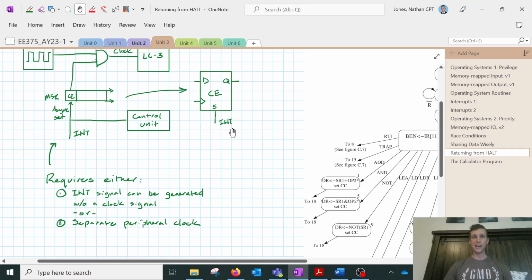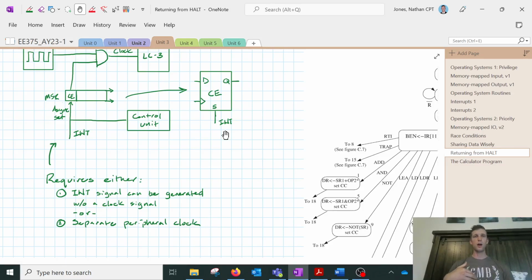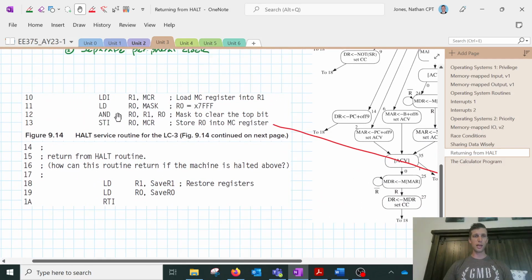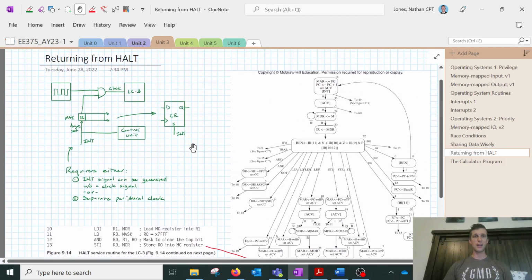And if we tie that signal to our interrupts, now we have a perfect avenue for turning this clock back on after we've turned it off, which would happen if there were some hardware device that required servicing. So after we execute this store instruction in the halt service routine, it makes sense that we might be able to come back and execute the rest of the service routine and continue processing if there was an interrupt that forced the clock enable bit back high.